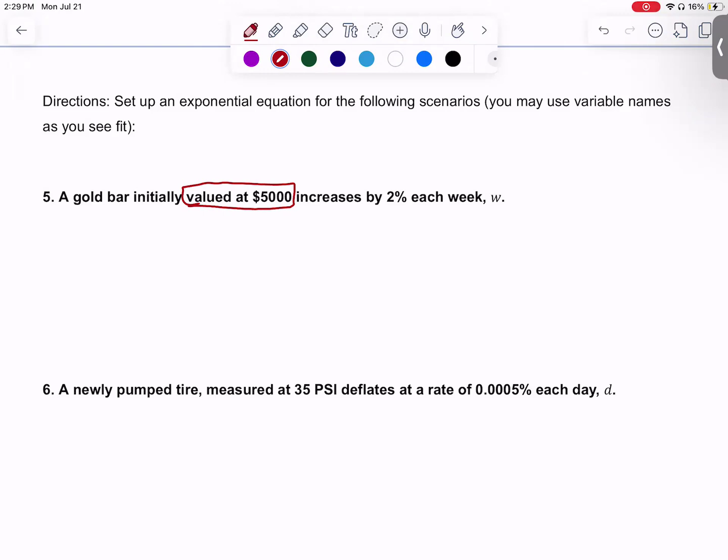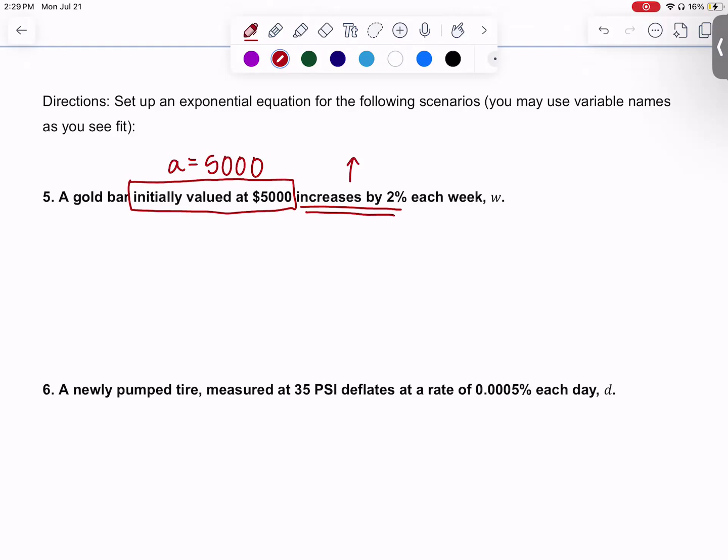That's our, sorry, initially valued at $5,000. A is 5,000. That's our starting value. It increases by 2% each week.